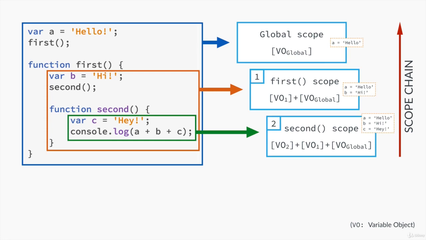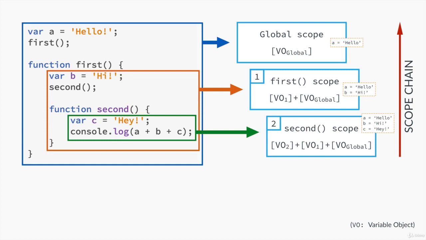For example, the global scope will never ever have access to the variables b or c, unless we return the values from the functions. So locally scoped variables are not visible to their parent scopes. And this is why I put that red arrow pointing upwards, because that's the only direction the scope chain works.